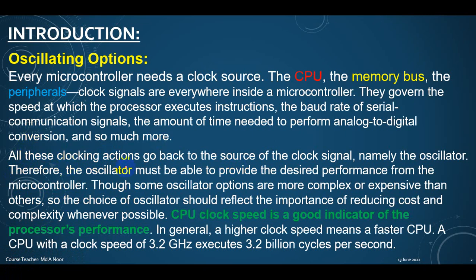All these clocking actions go back to the source of the clock signal, namely the oscillator. Therefore, the oscillator must be able to provide the desired performance from the microcontroller.